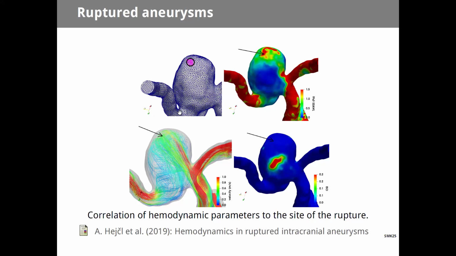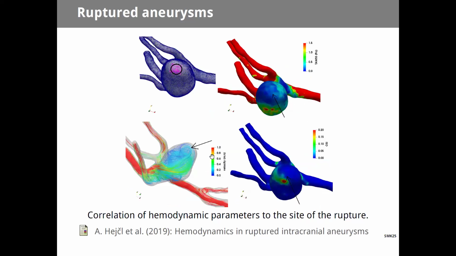This is, for example, one case where the rupture site was a point where a jet from the inflow vessel was hitting the wall, and the wall shear stress had its maximum there. While the oscillatory shear index, a measure of how the wall shear stress oscillates over time, was on a different spot.